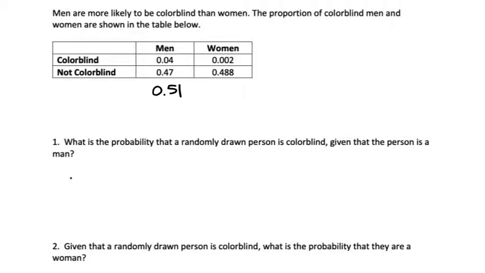And so this is going to be the probability of being colorblind and a man out of the total probability of being a man. So that would be 0.04 divided by 0.51, which is approximately 0.078.